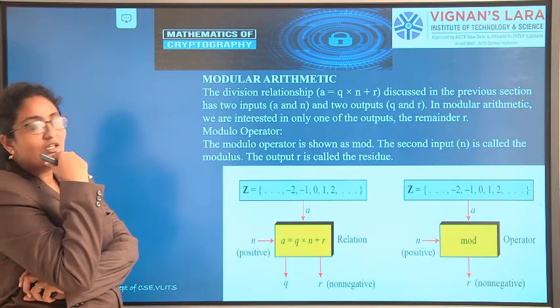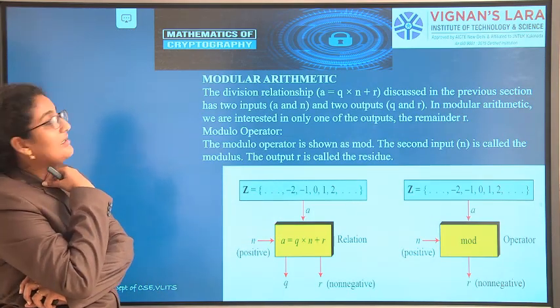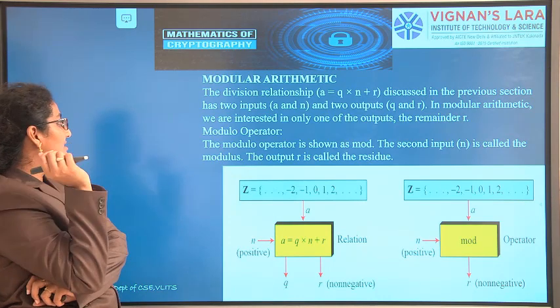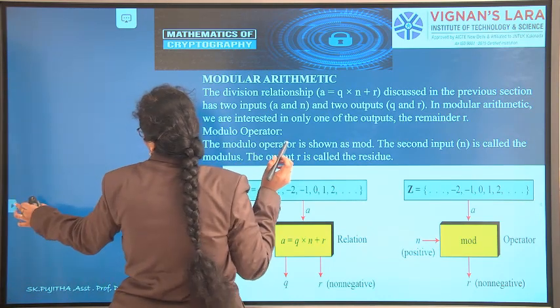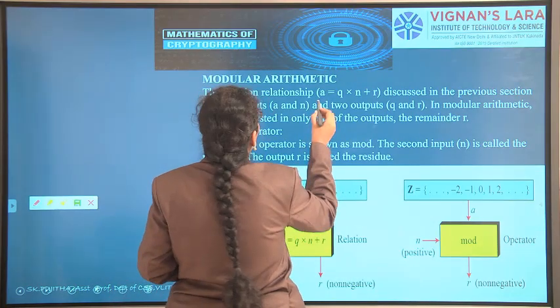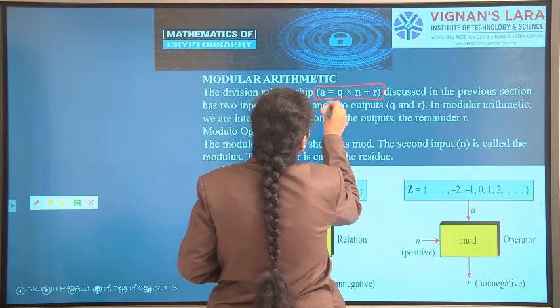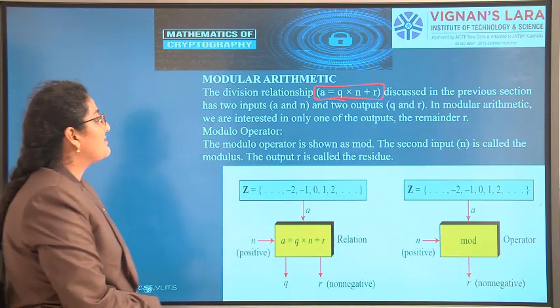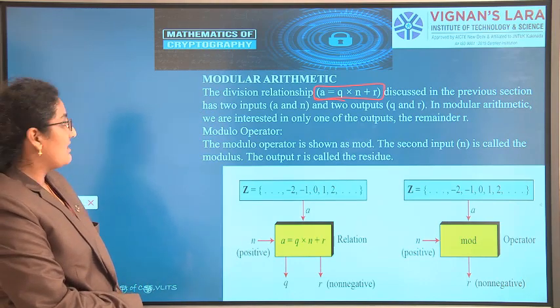Our next topic is modular arithmetic. The relationship A equals Q into N plus R is discussed here.